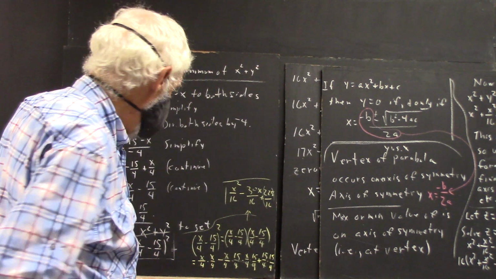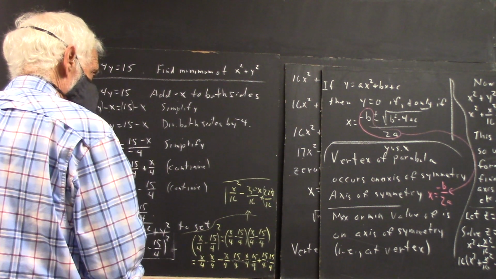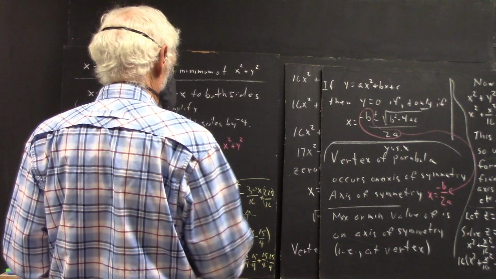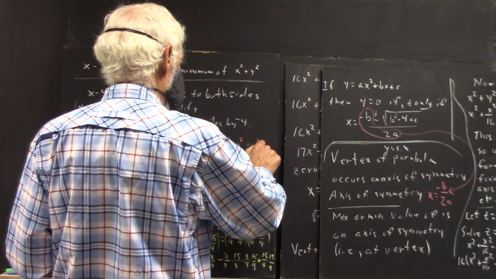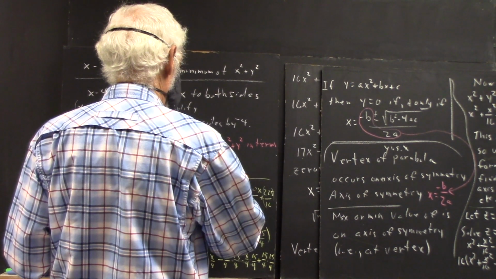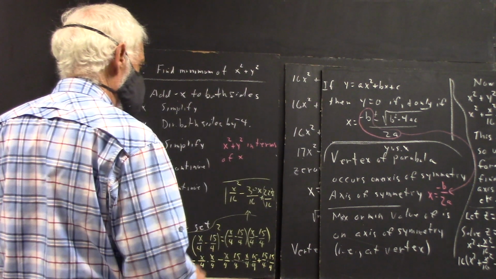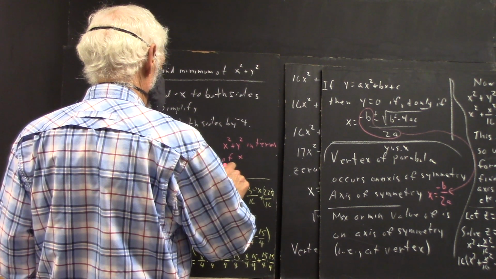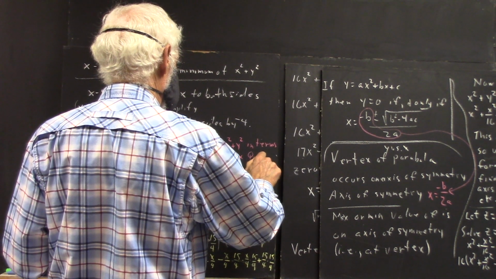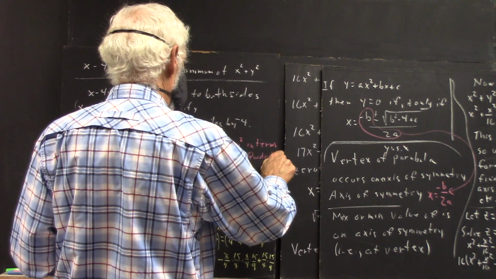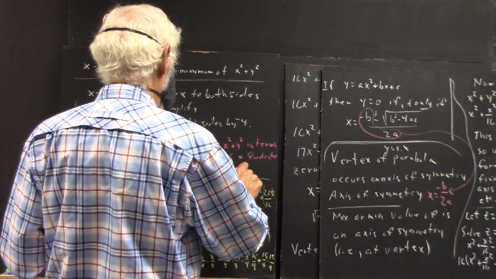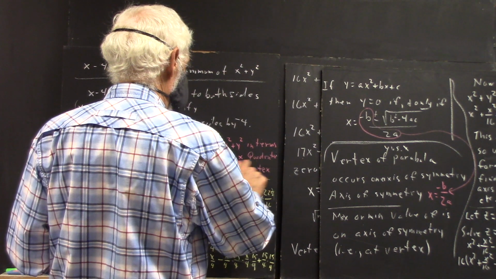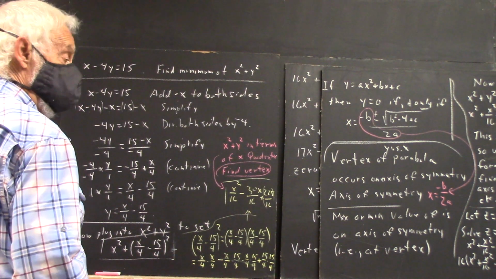So this is the expression x squared plus y squared in terms of x. It's quadratic. To find the minimum, we want to find the vertex.